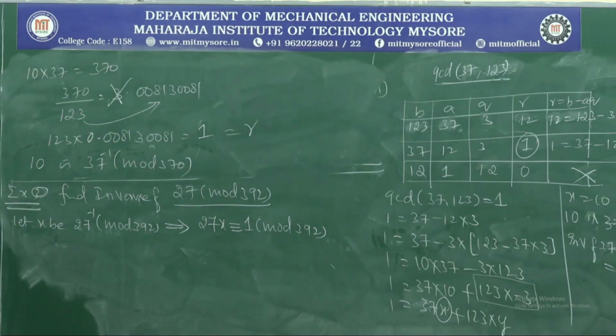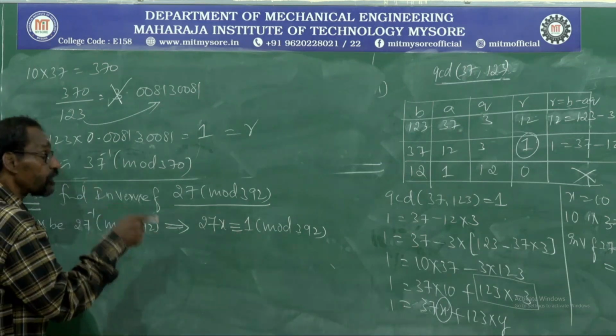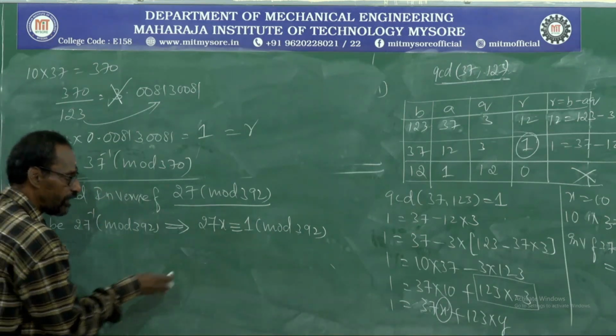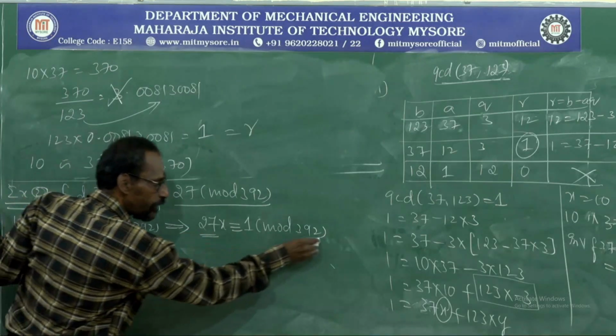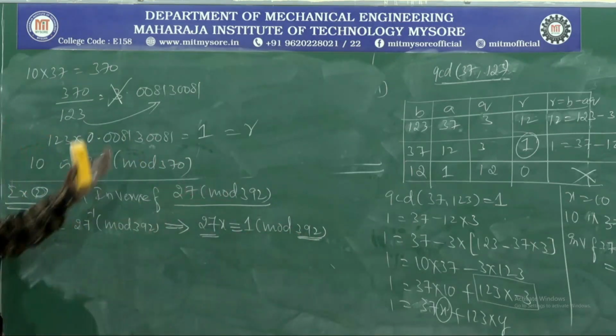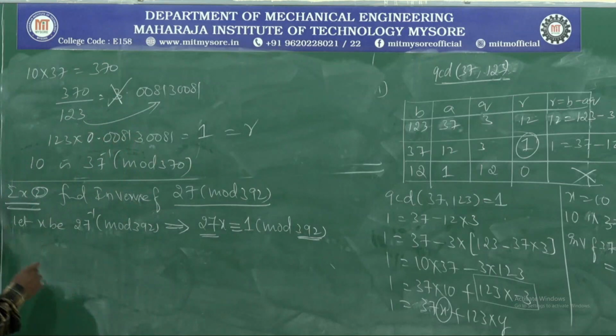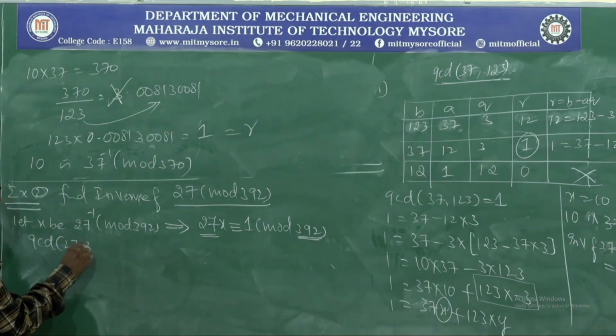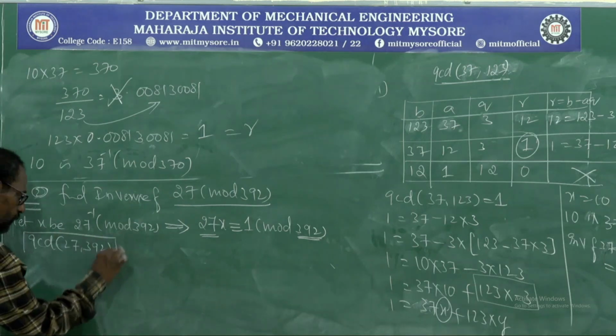When you are finding the inverse under modulo, take these two numbers and find the GCD using the Euclidean algorithm. That is the GCD of 27 and 392. This is my work now.